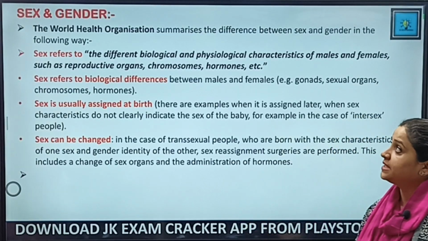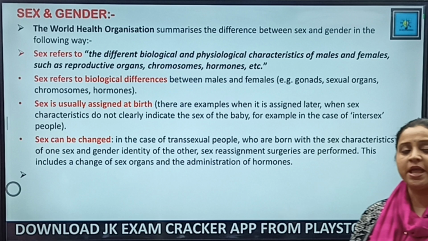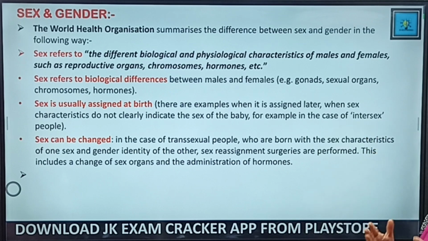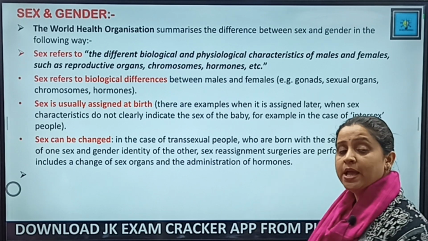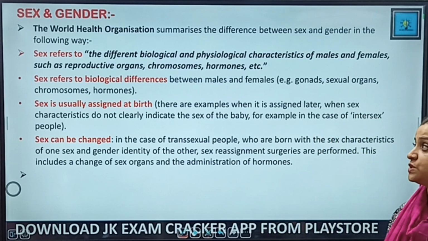The World Health Organization summarizes the difference between sex and gender. Sex, as I mentioned, refers to the biological or physiological characteristics of males and females, such as they have different reproductive organs, different chromosomes, different hormones, and when they grow into adults, they have different looks as well.